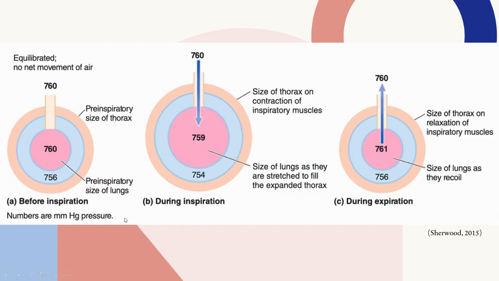So here's a nice diagram of what I just explained, right? Here we have inspiration, or right before, our atmospheric pressure and our intraalveolar pressure are equal, and we still see that 4 millimeters of mercury difference here. What's going to happen is we are going to increase the volume.